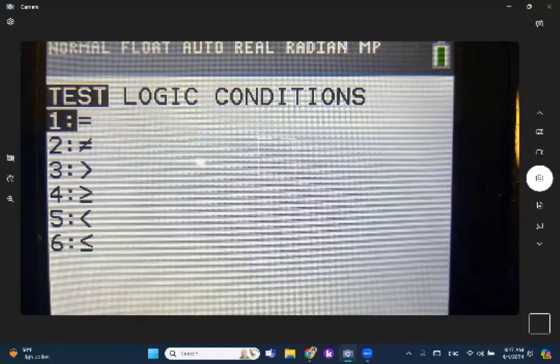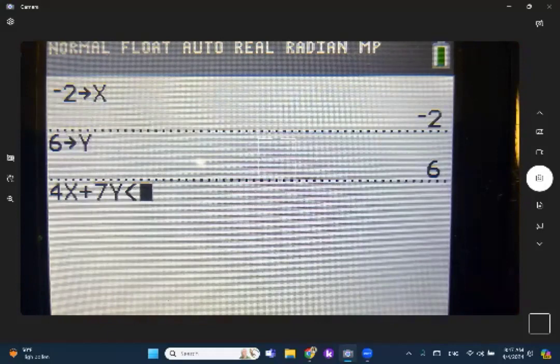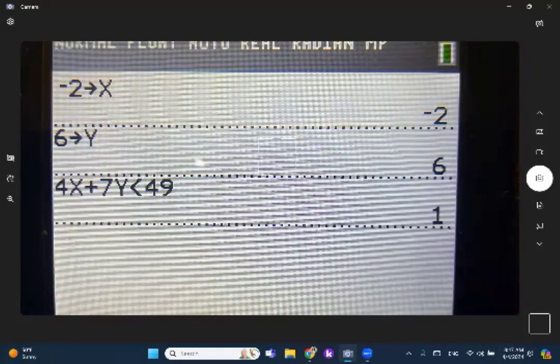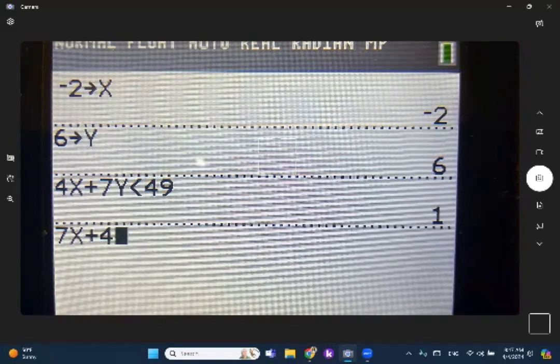That one is less than 549. That one gives me a 1. Just double checking.